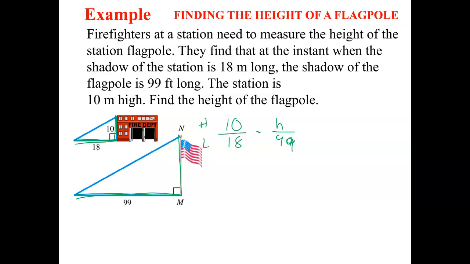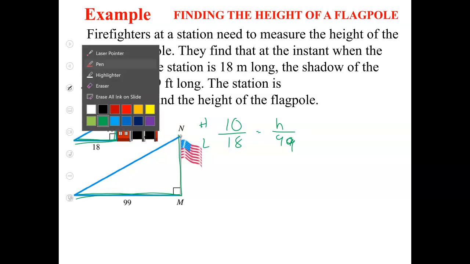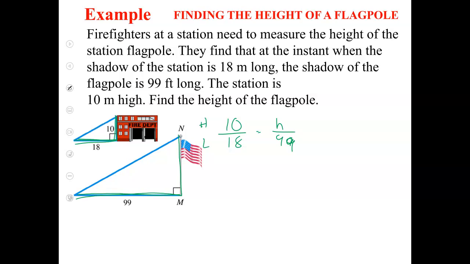You guys want to simplify that fraction, make it a little easier? What's 10 over 18 reduced to? 5 ninths. Now what? 99 times 5.